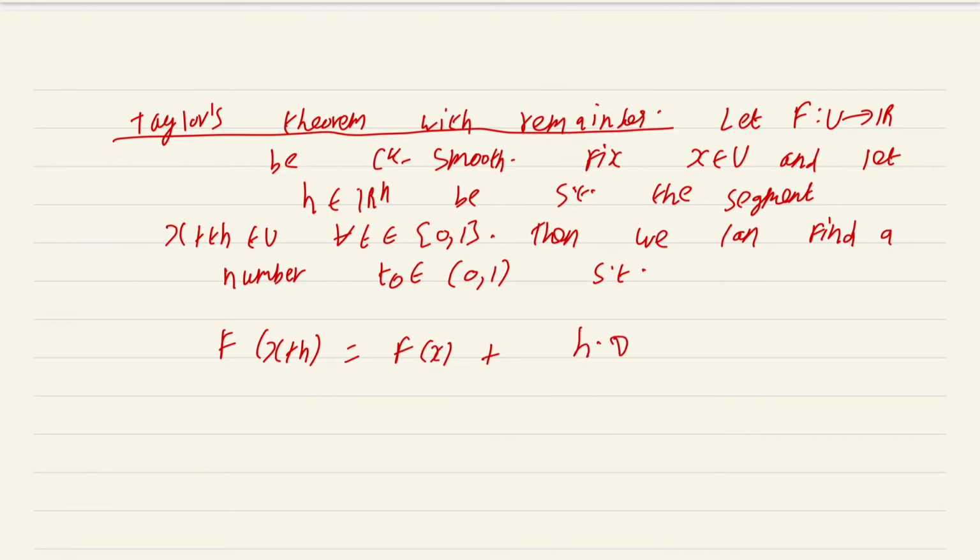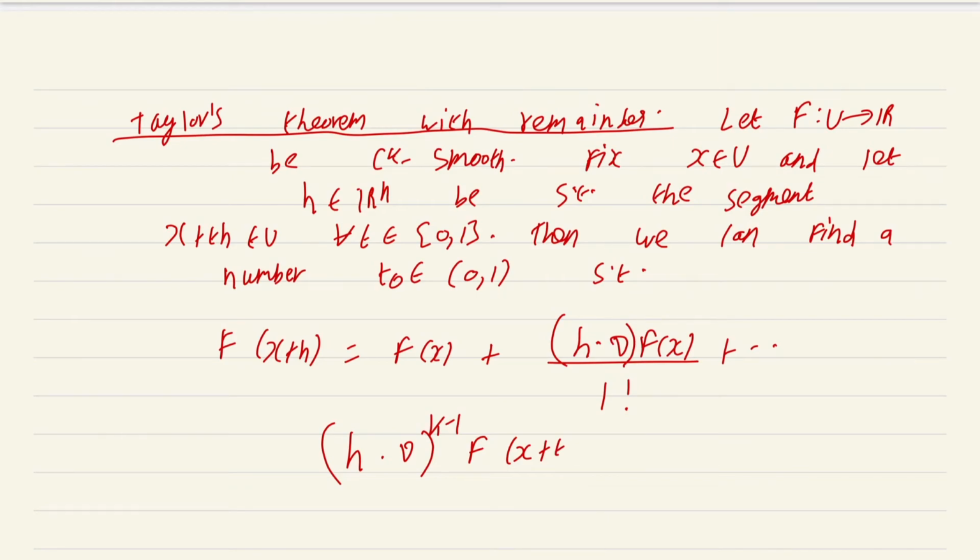So technically I should write it like this: h·grad f at the point x over 1 factorial, plus dot dot dot, plus (h·grad)^(k-1) f at the point x over (k-1) factorial, plus the final remainder term, which is what we were interested in.